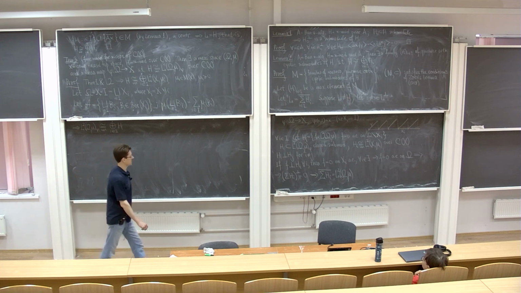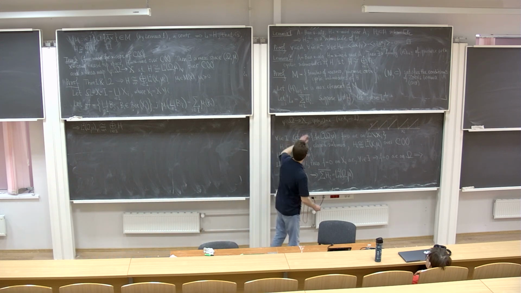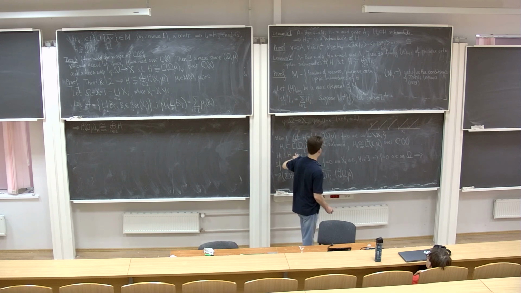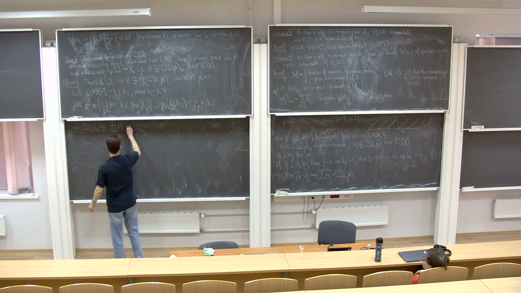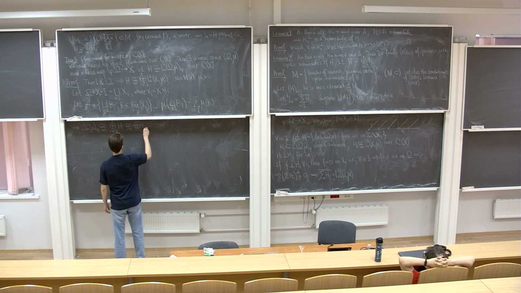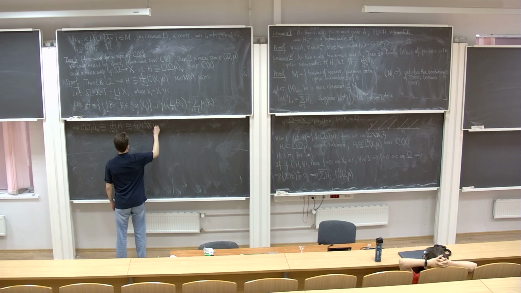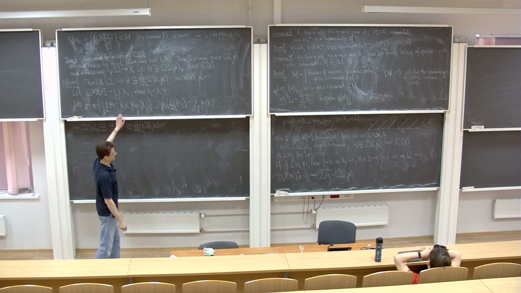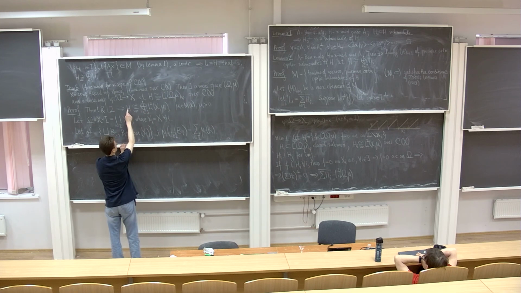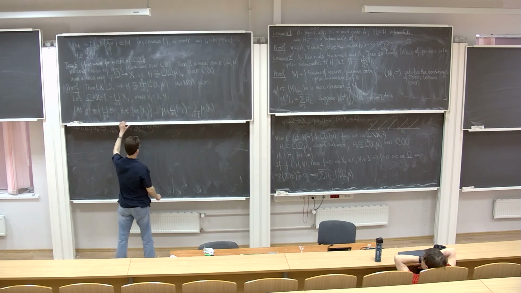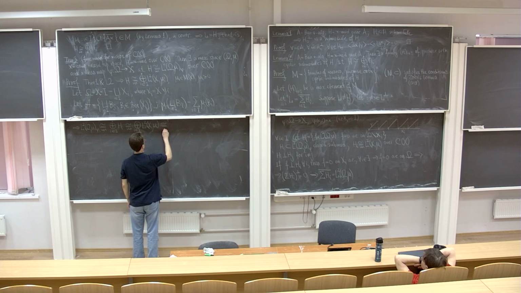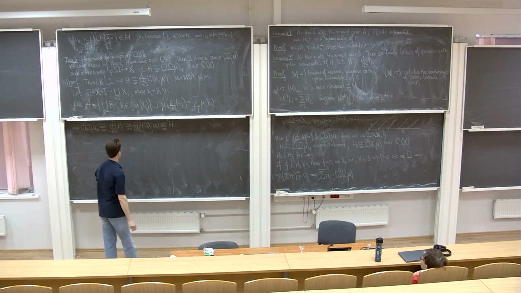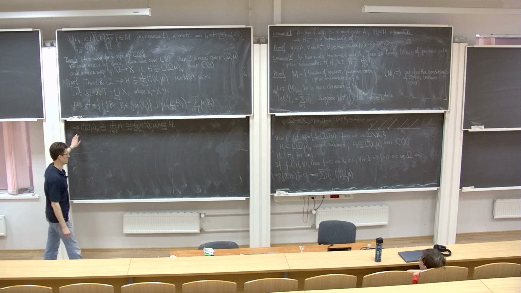Now we recall that each Hi is isomorphic to L2 of x, mu i. So we can write the following unitary isomorphism. And this is our original module H. That's it. So we get the required isomorphism.